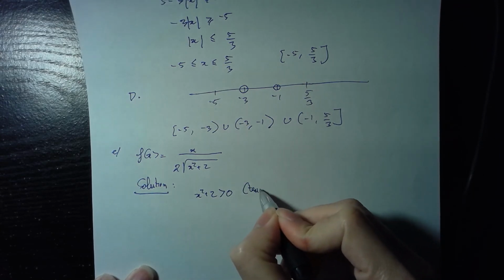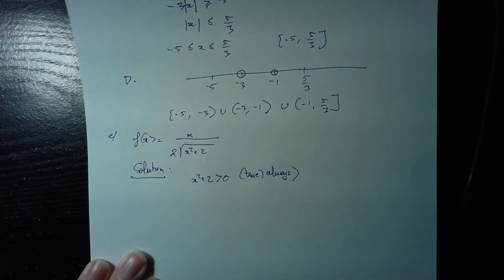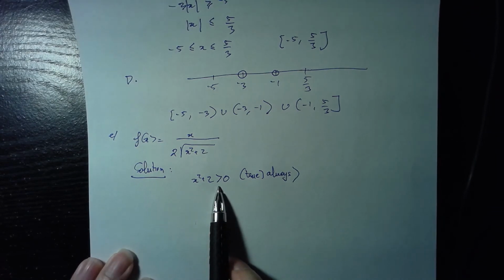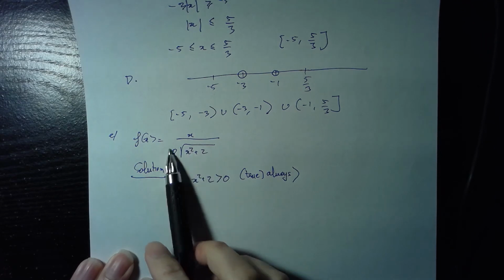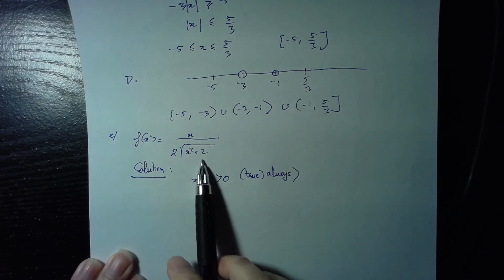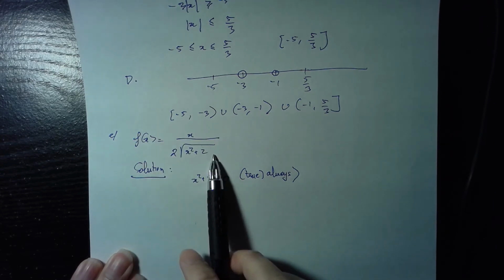This is true all the time, because no matter what value of x you plug in here, it's always greater than 0. So the bottom will never be 0, no matter what value of x you plug in.